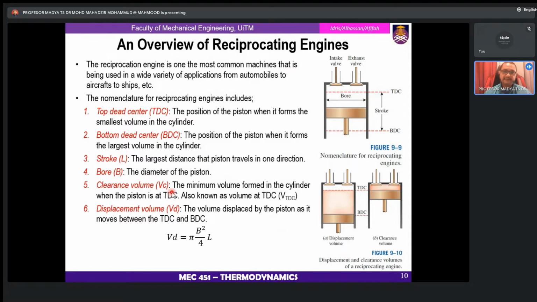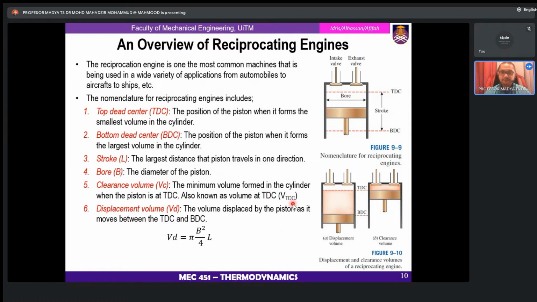Number 5 is VC, the clearance volume. What is a clearance volume? The clearance volume is the minimum volume formed in the cylinder when the piston is at TDC. It is also known as the volume at TDC.